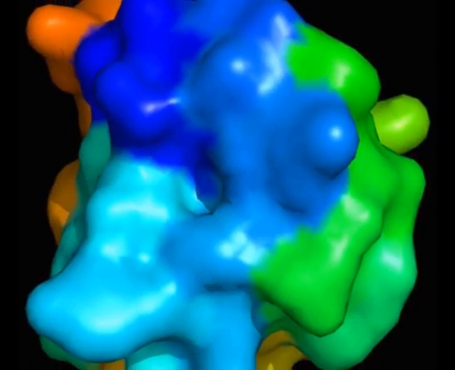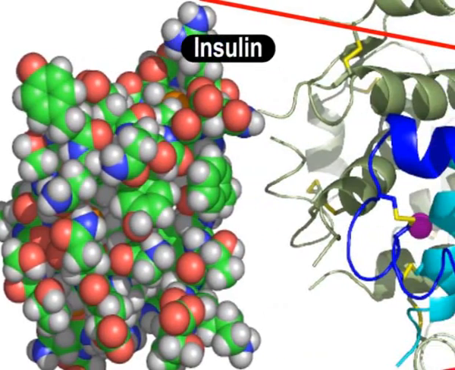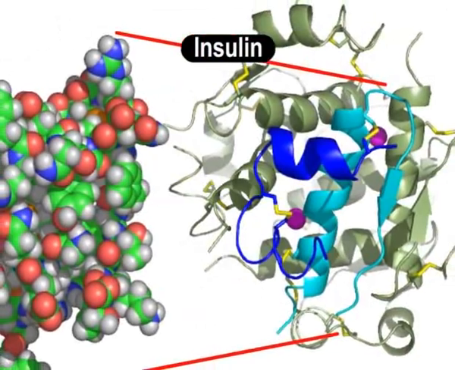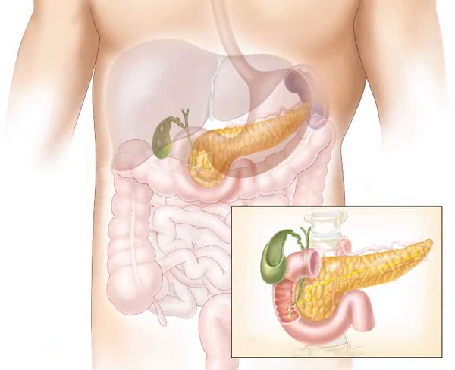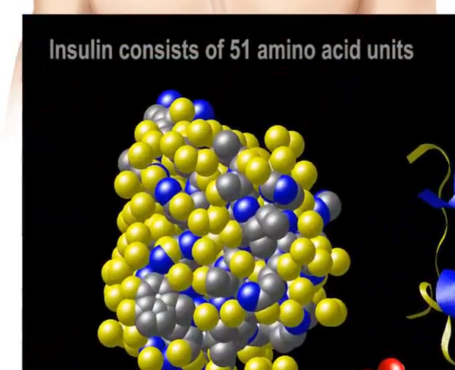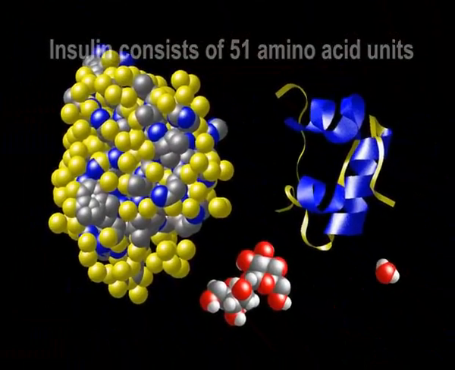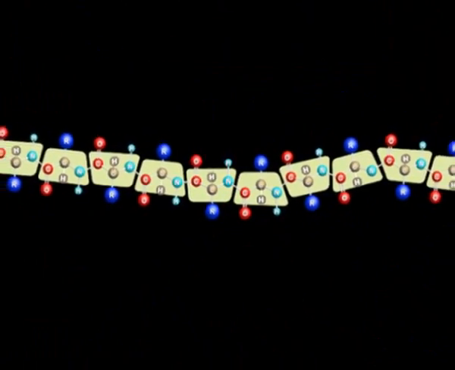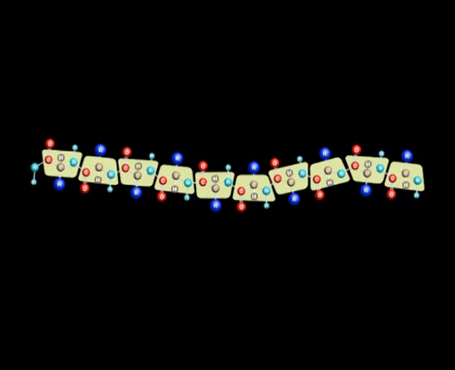They were successful in determining the primary structure of insulin, the first protein whose primary structure was explained. Insulin is a pancreatic hormone consisting of 51 amino acid units. The sequence of amino acids in a protein chain determines its physical, biological, and chemical properties.